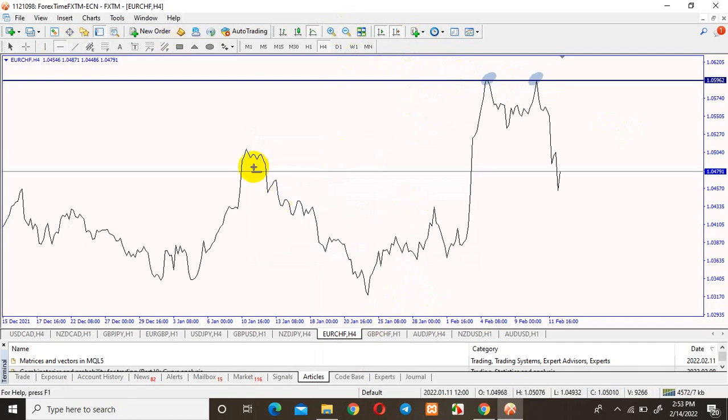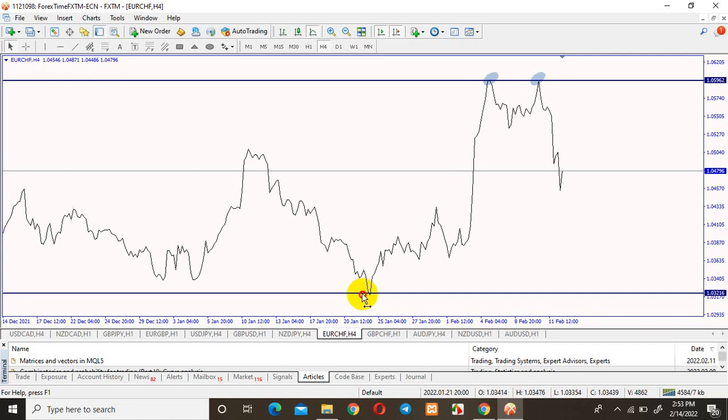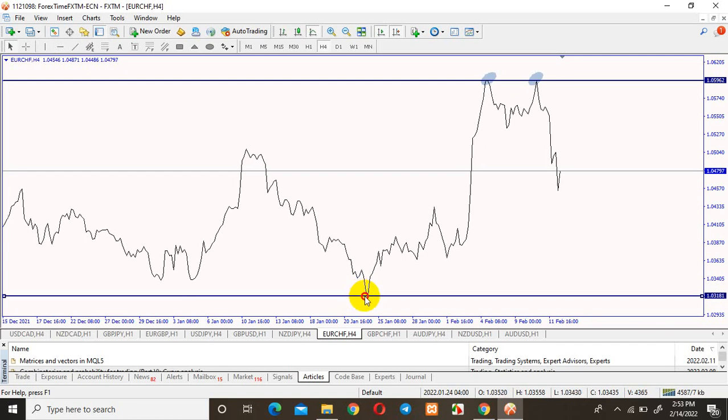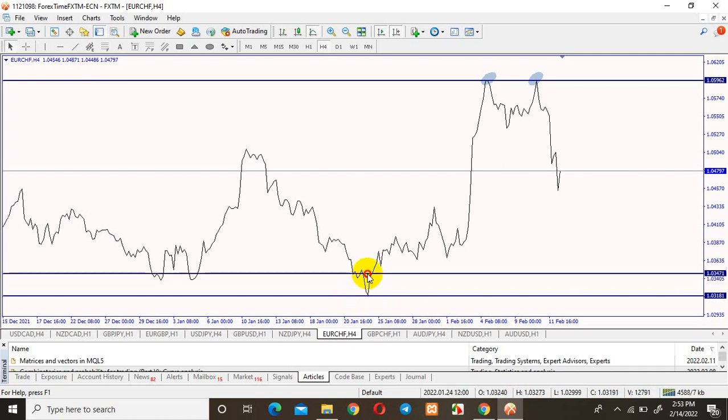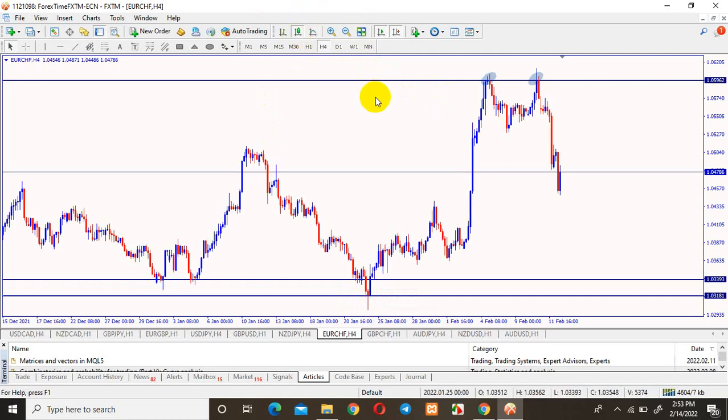Okay, let's get most of those zones that we expect price to go. And I move back to my candlestick chart.